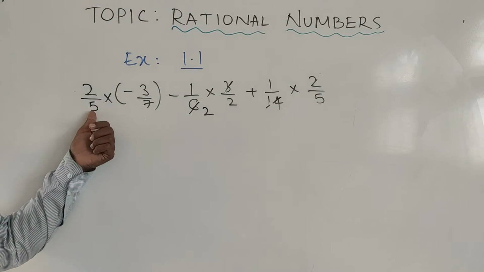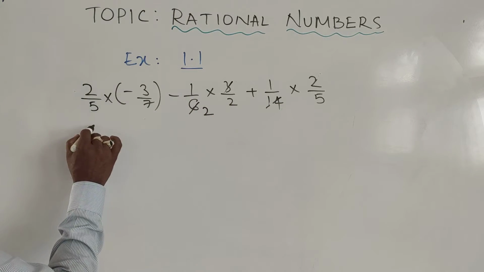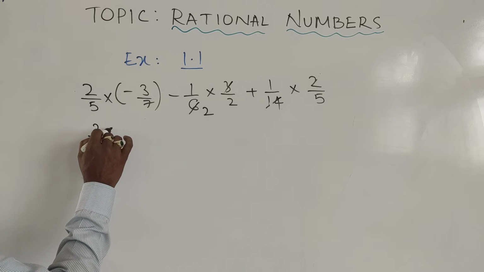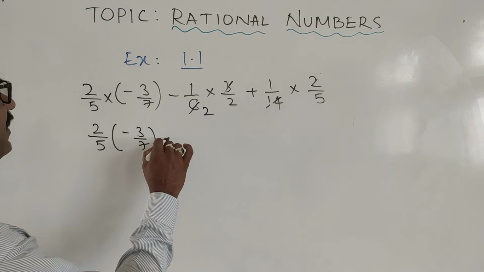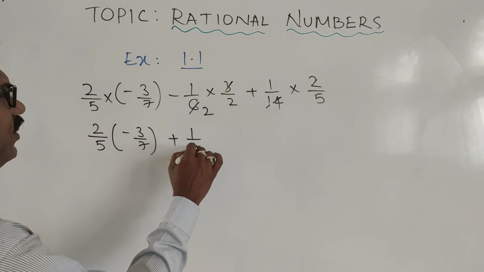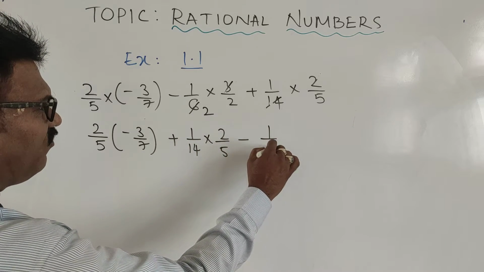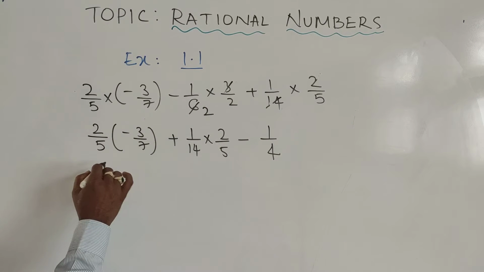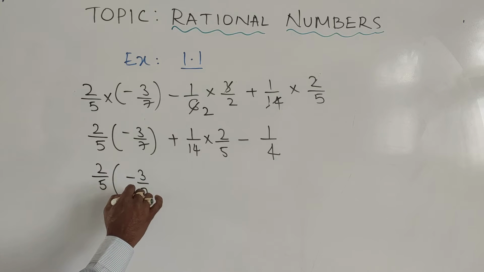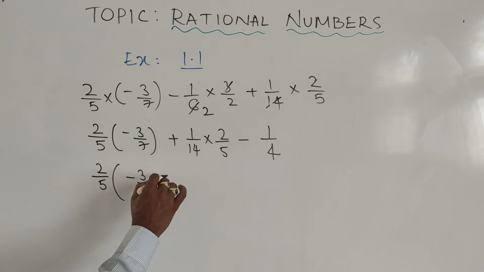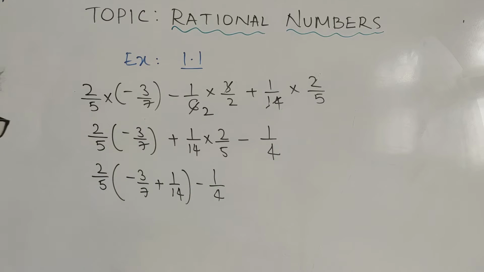Now you see, here 2 by 5 is there, here 2 by 5 is there. Therefore I can write like this. Second step: 2 by 5 into minus 3 by 7, plus 1 by 14 into 2 by 5, minus 1 by 4, because 2 twos are 4. Now you can take 2 by 5 as common: minus 3 by 7 plus 1 by 14 minus 1 by 4.